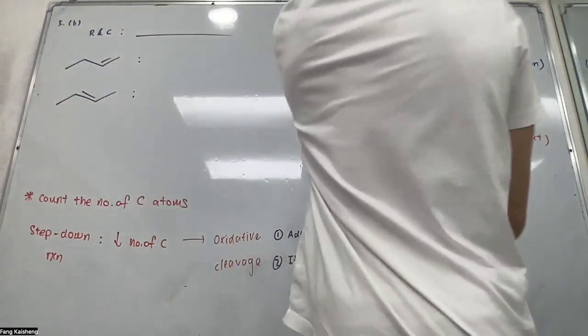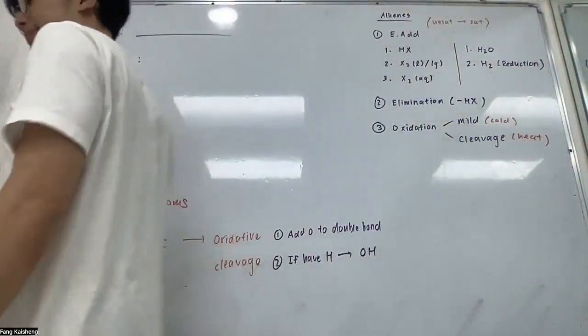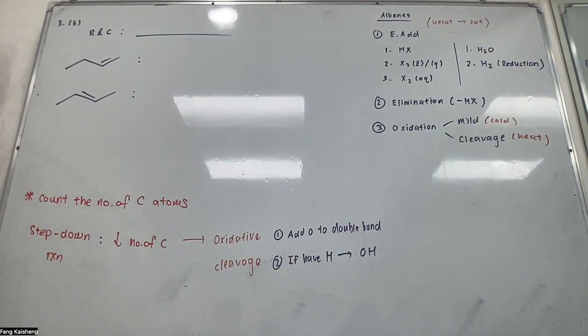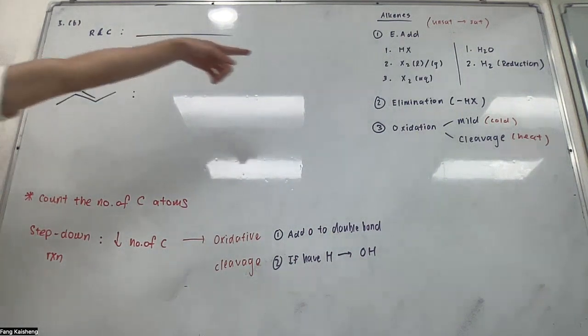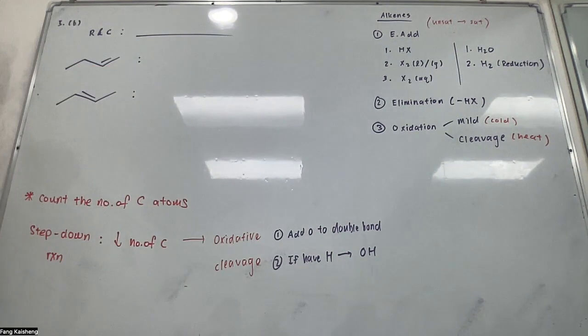Remember my list is still here. I'm going to use the list. As the lesson proceeds, I'm going to remove this list. So best is if you write it down somewhere or you start getting it in your head.